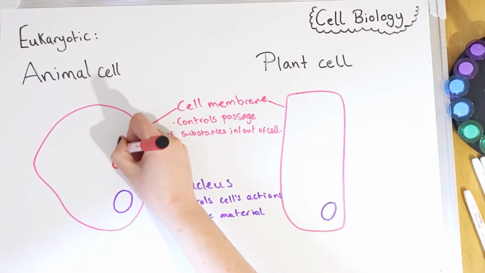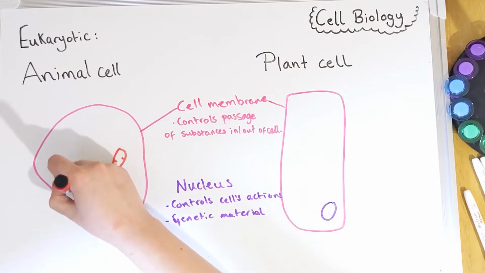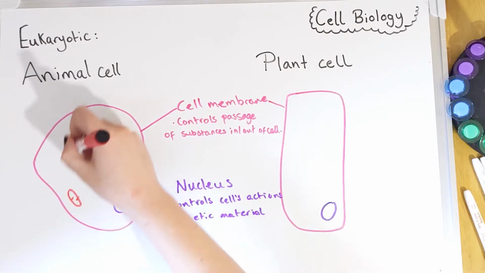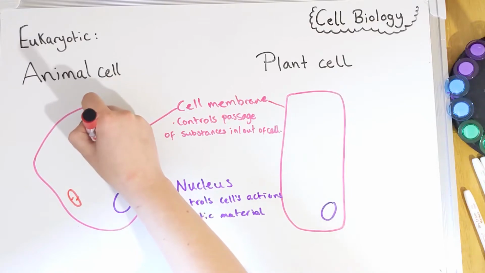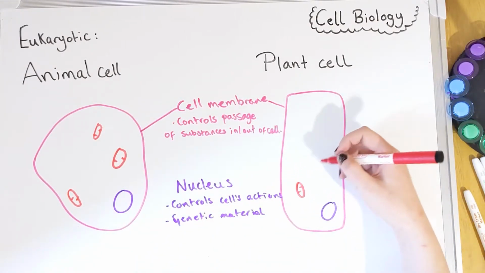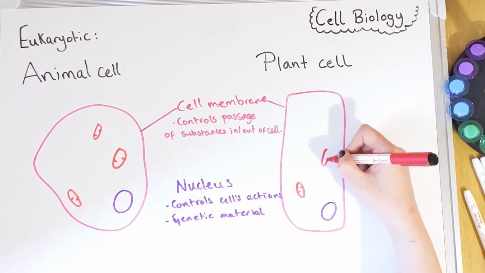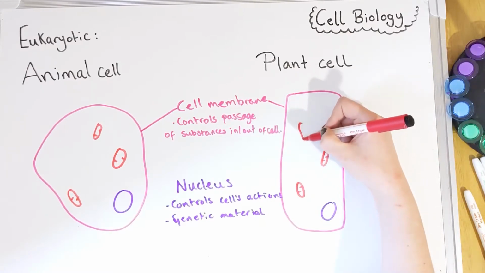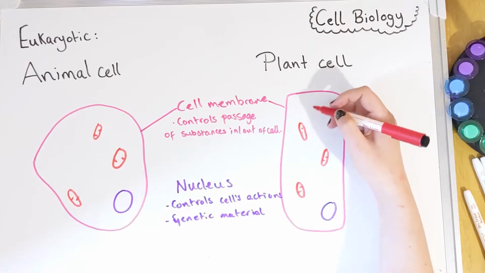The next part they both share is the memeiest part of them all, the mitochondria. I can already hear you out there in internet land going, mitochondria is the powerhouse of the cell, which is a joke I've never heard in my entire life.